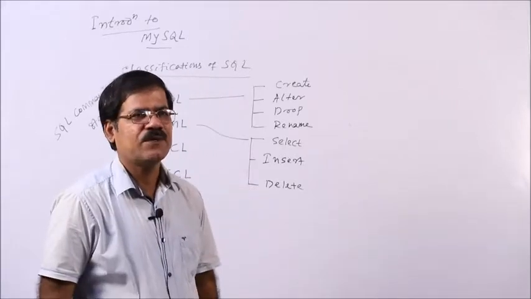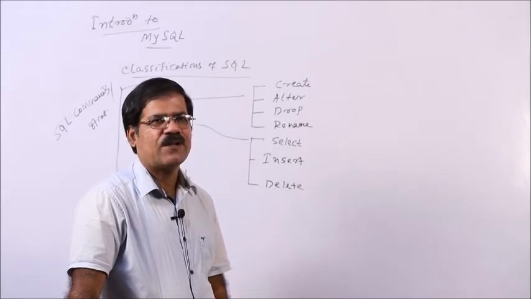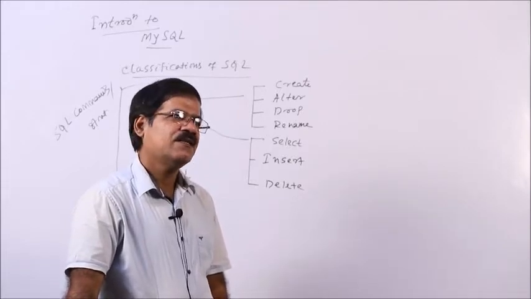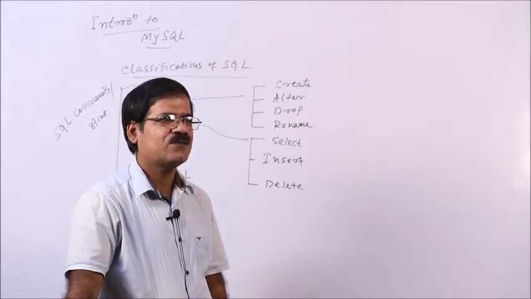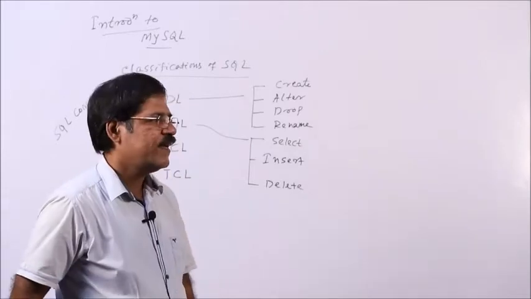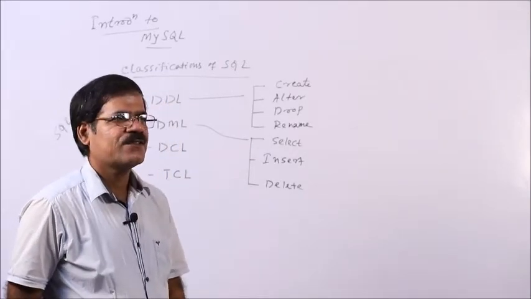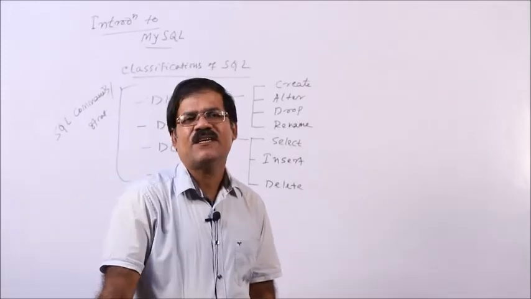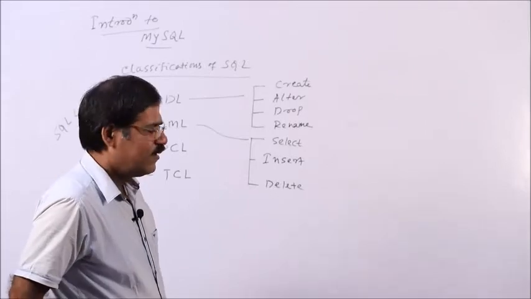Suppose a particular student or employee left the organization, so his or her record may be deleted from the database. The delete command is used to delete records by providing some conditions. Delete star means all the records are deleted. To delete specific records, you provide conditions, and according to the condition the record will be deleted from the table.